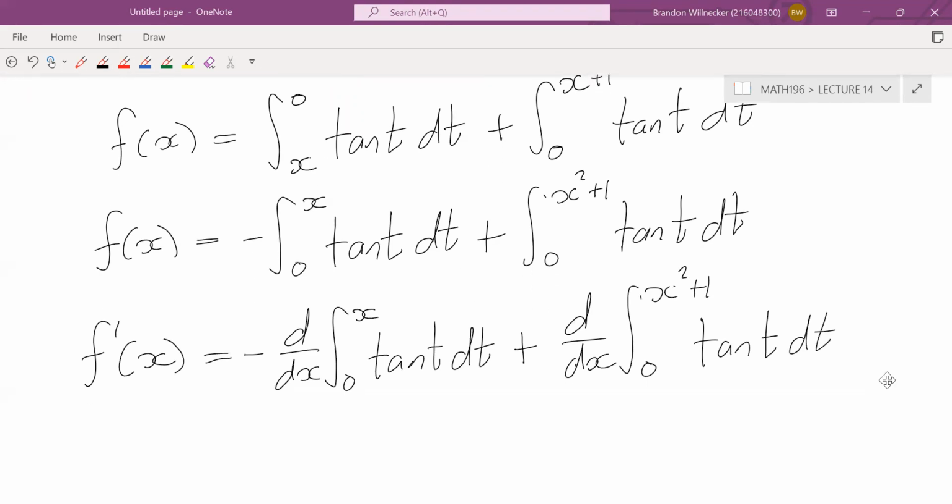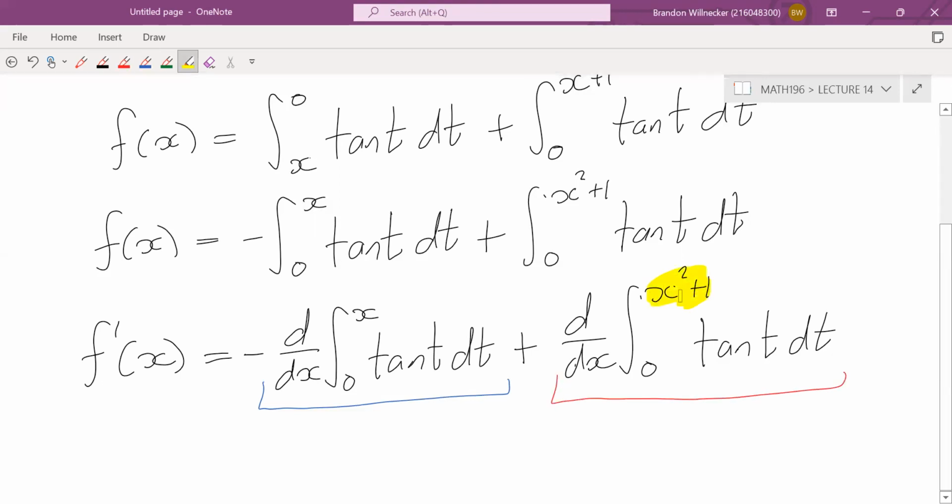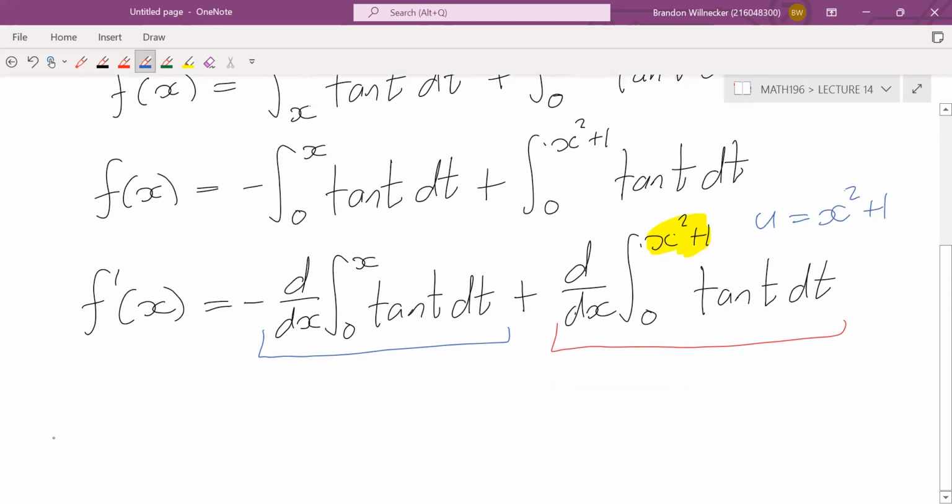Okay, so for the first term, we don't have any problems because the upper bound is just x. For the second term, we do have a problem because the upper bound is a function of x. So we're going to have to say u is equal to x squared plus 1. Okay, so if u is equal to x squared plus 1, then du by dx is going to be 2x.